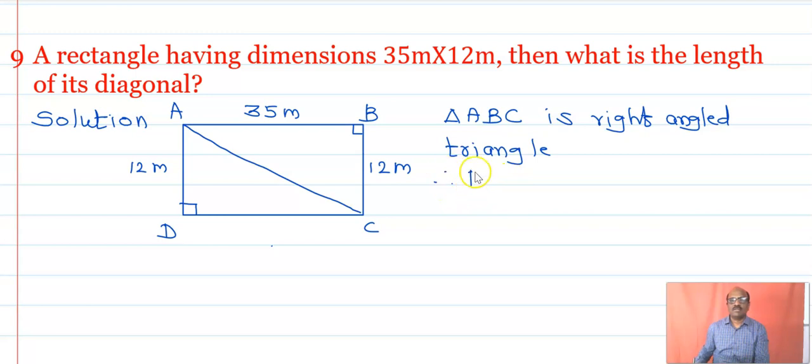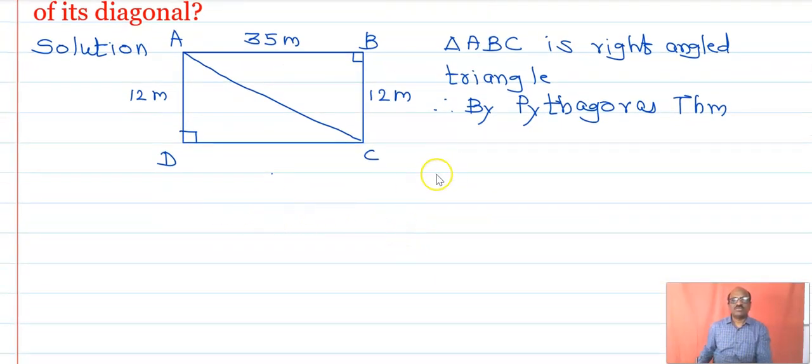Therefore, by Pythagoras theorem, AC square is equal to AB square plus BC square.